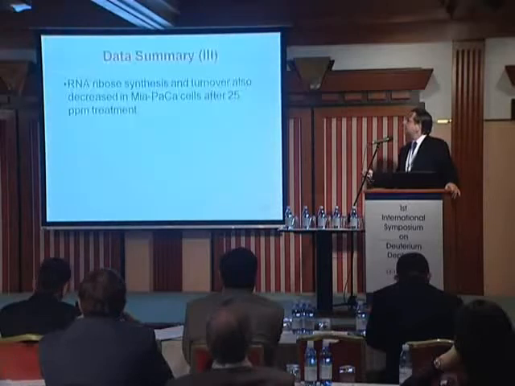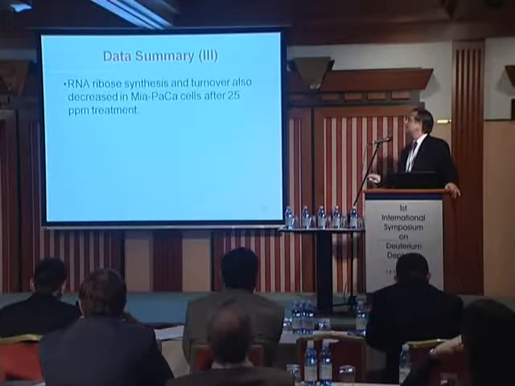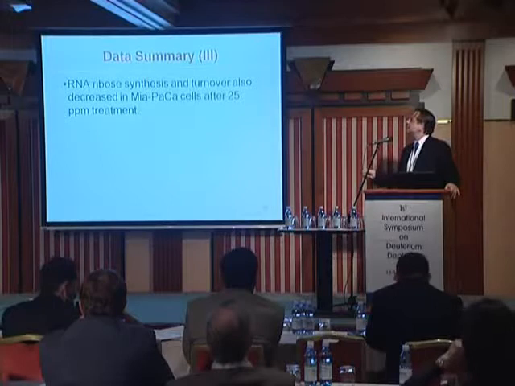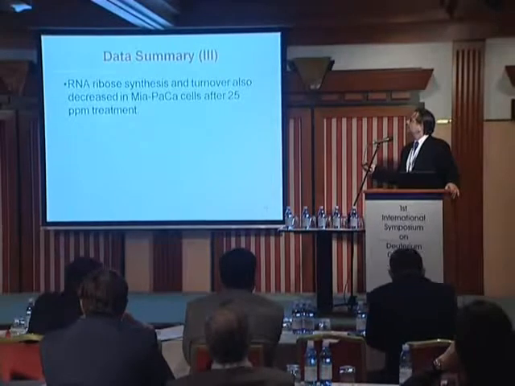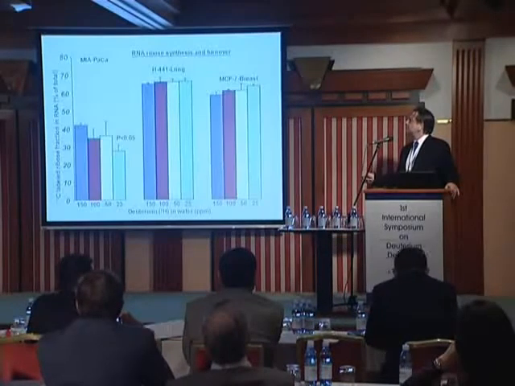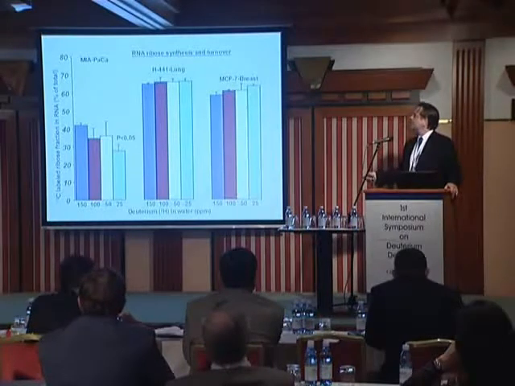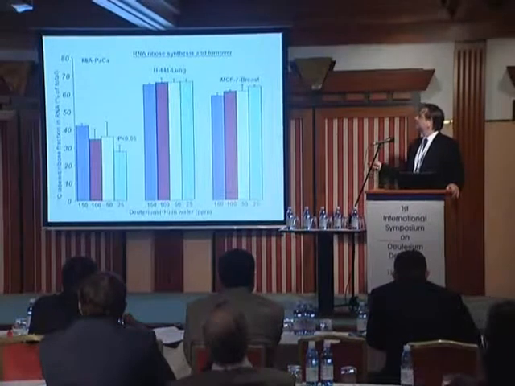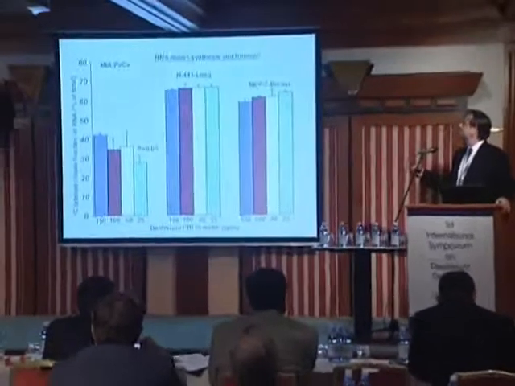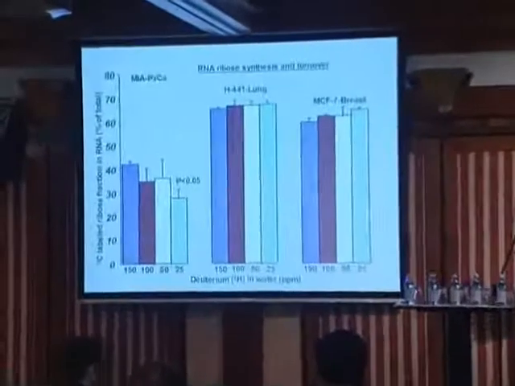Now, looking at RNA ribose synthesis for nucleic acid or ribonucleic acid production, which is, again, a different story from lactate production, RNA ribose would be generated from glucose in the media. And the 25 ppm water decreased this value in the MIA pancreatic adenocarcinoma cell line, very consistent with what we would see with the lactate producing pattern, but in the H441 and the MCF7 breast cancer cell lines, there was no difference.